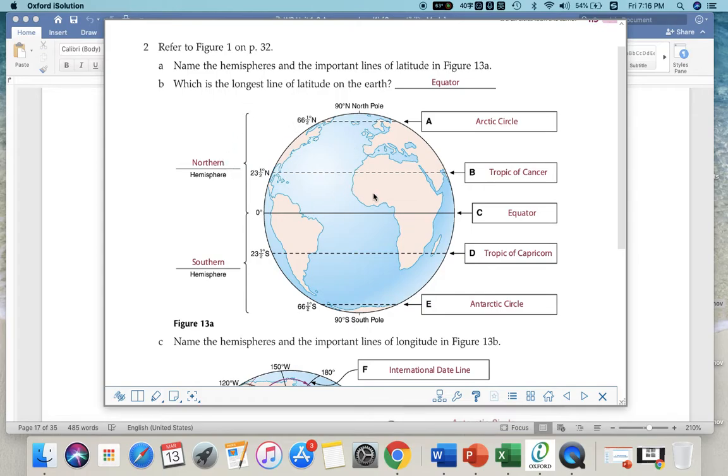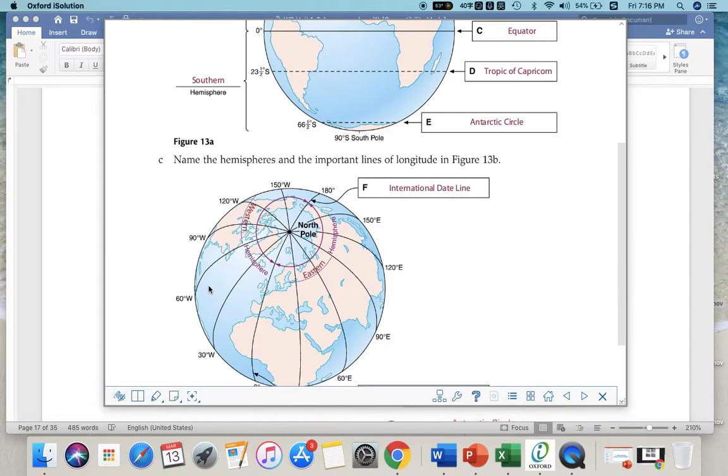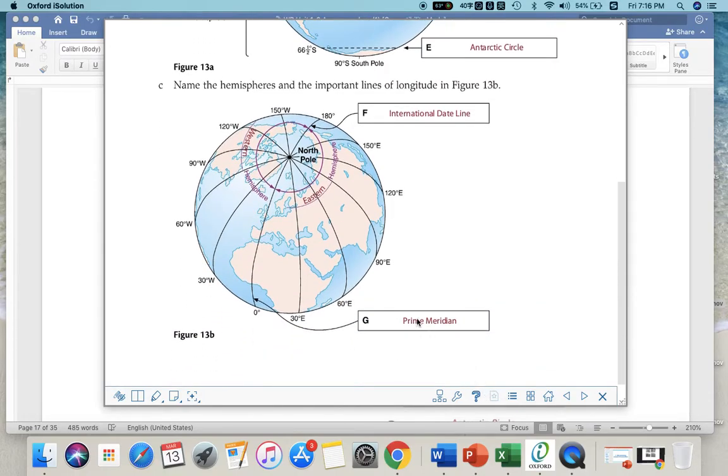Here in the northern part, we call it the northern hemisphere. The southern hemisphere. And here you can see the prime meridian is here, while the international date line is somewhere here. Alright, so this is the very quick revision of the chapter.